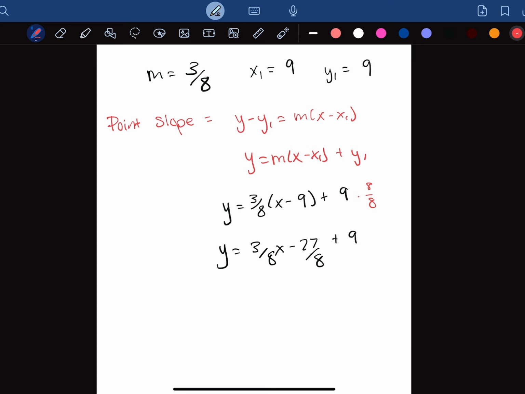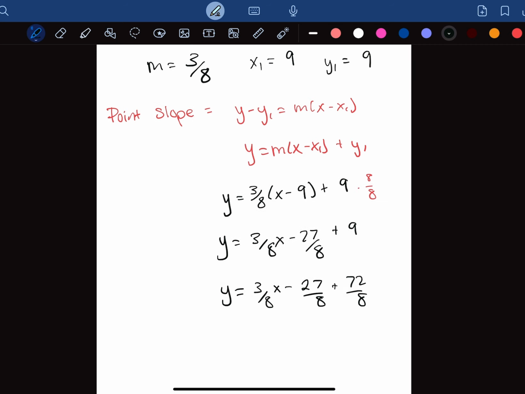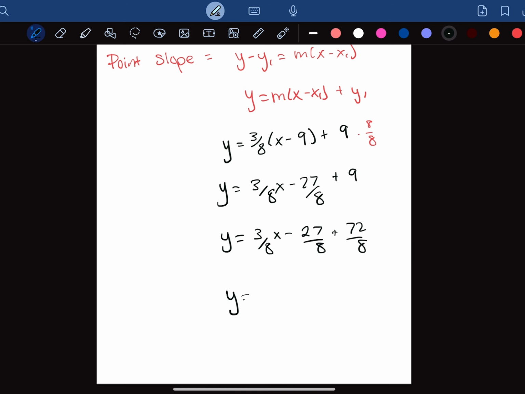So this is going to become y is equal to 3/8 x minus 27/8 plus 72 over 8. 72 minus 27 is 45. So your equation should be y is equal to 3/8 x plus 45 over 8.